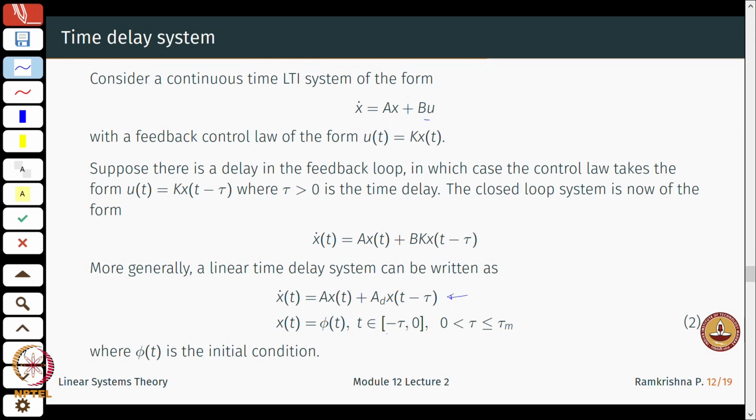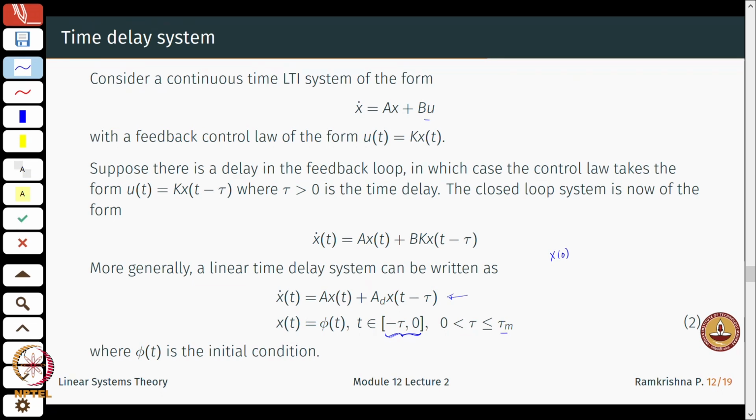The initial conditions now need to be defined on the whole time interval from minus tau to 0. To solve an ordinary differential equation I need just x of 0, whereas for a delay differential equation I need the set of all initial conditions in the time interval minus tau to 0. Of course, I will not go into the details of that.